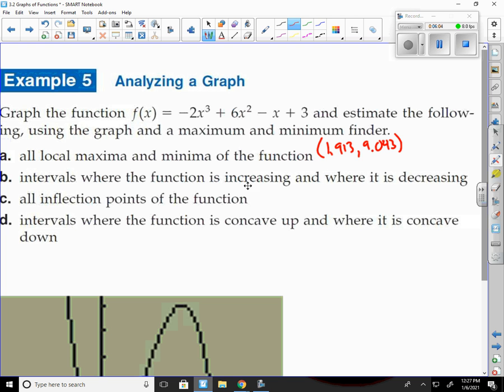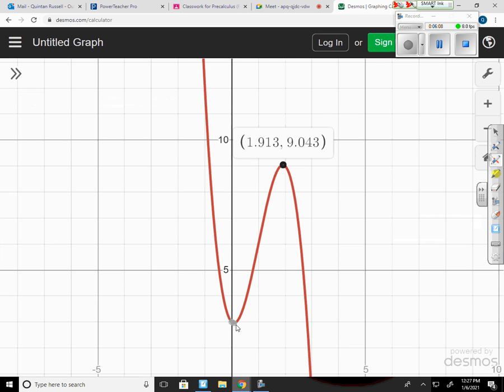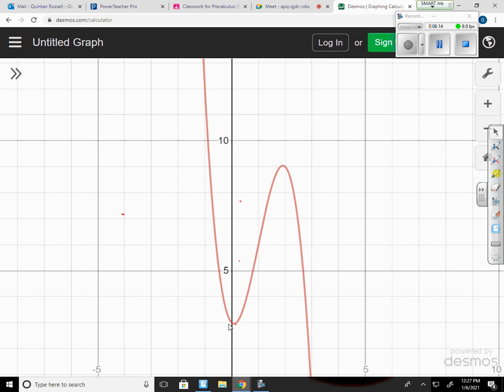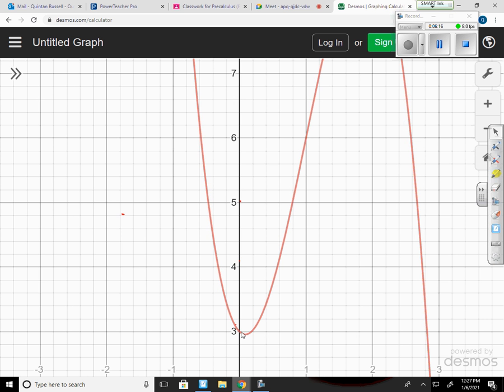In my min, is this point here. So 0.087, 2.957.